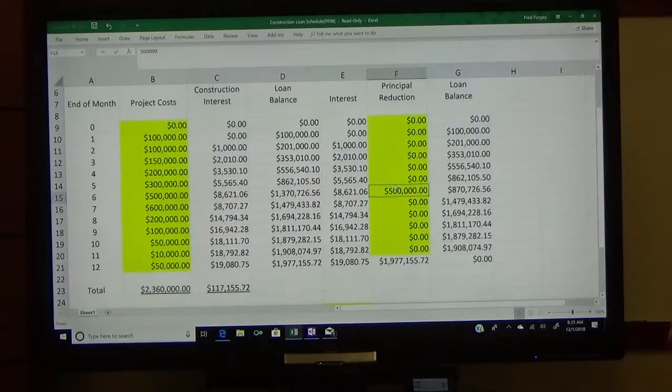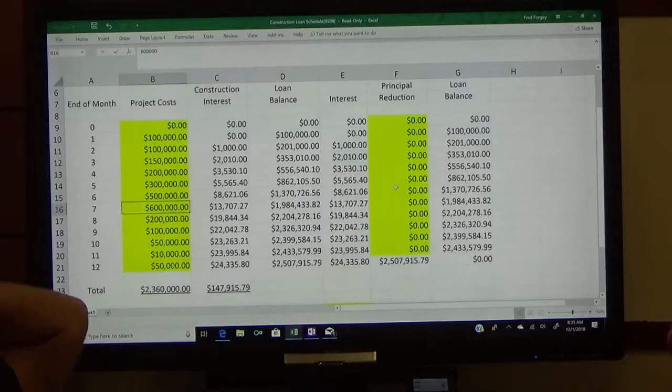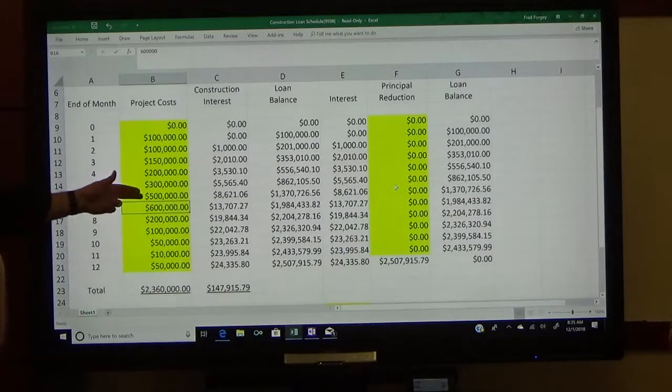Yeah, in other words, just to show, we'll get back to this being 0. All right, so you see that our overall interest is 2,507,915. So let's say that we delay our draw of the $500,000 to this month. That means instead of drawing 600,000 here, we're going to draw 1.1 million.